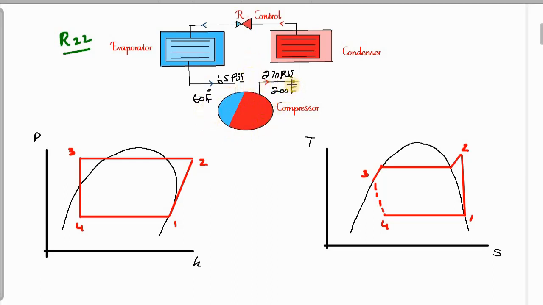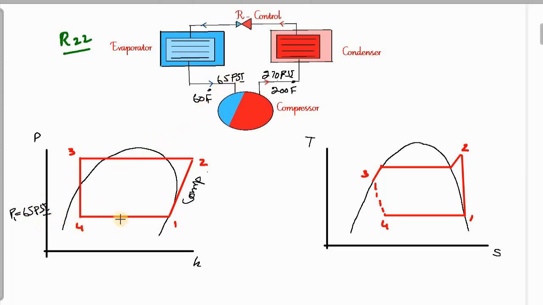Now see, if we look at this process on the diagram, from point 1 to point 2, this is our compression process. During this time, the pressure at point 1, P1, is equal to 65 psi, as we have already discussed.